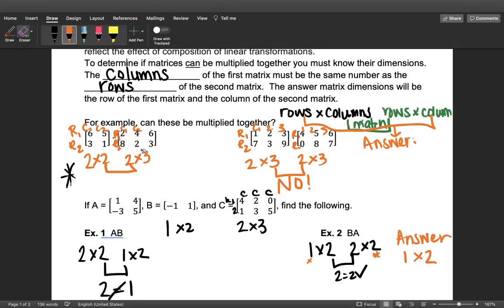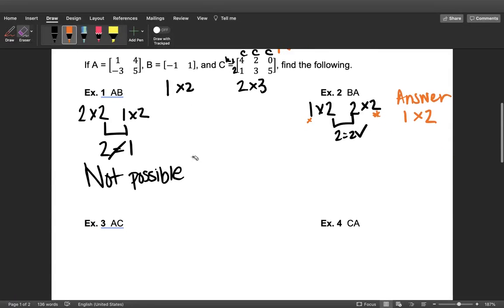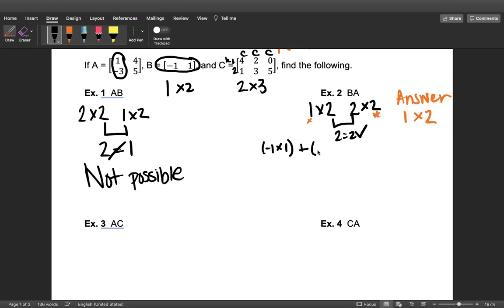If I took my row in B, because B is first, and multiplied it by my column in A, I would do -1 times 1 plus 1 times -3.